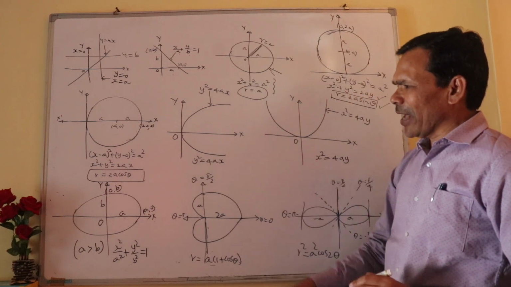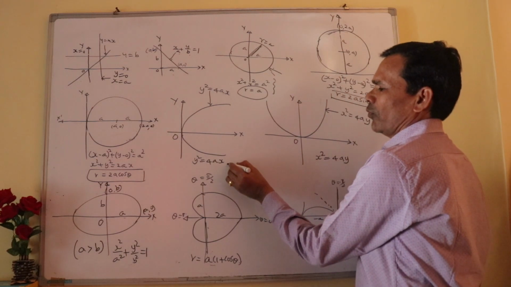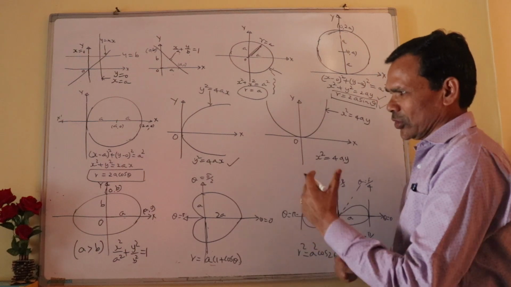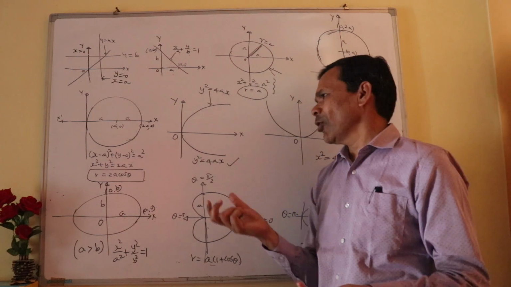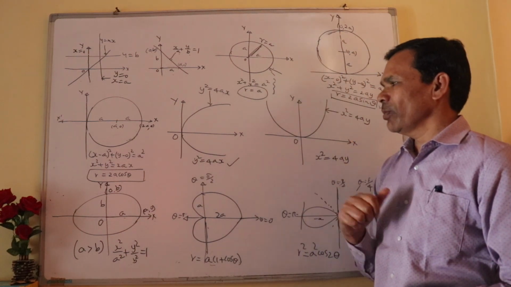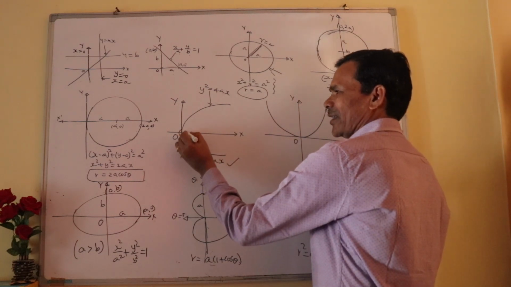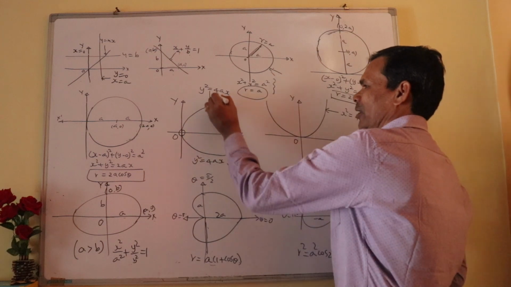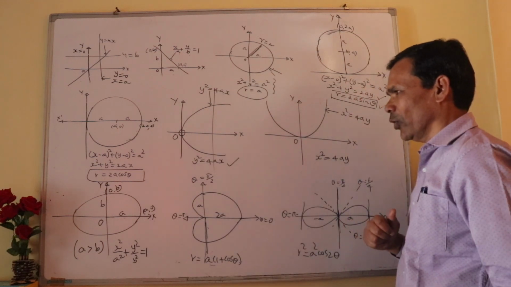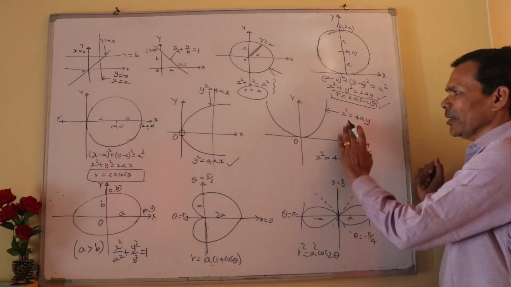Similarly, different parabolas here. y square equal to 4ax, this parabola. Mostly we need this parabola in double integration, so we should be able to draw this correctly, with vertex at origin and length of the latus rectum 4a.